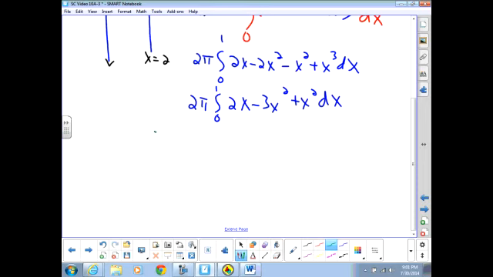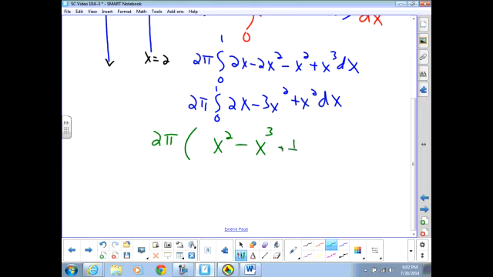And we're ready for our antiderivative. We'll have an x squared, meaning we need to multiply by a half out front, so 2 times a half is just 1. We'll have x cubed, so we need to multiply by 1/3 out front. Negative 3 times 1/3 is just negative 1.